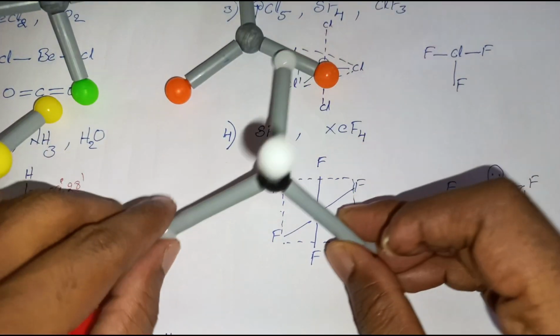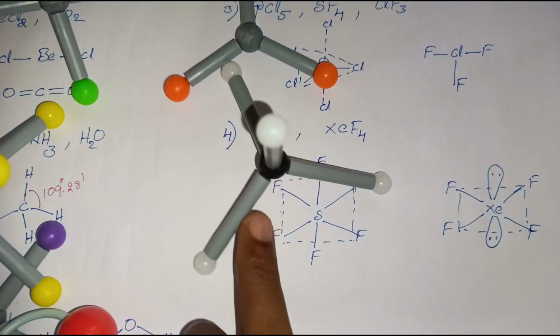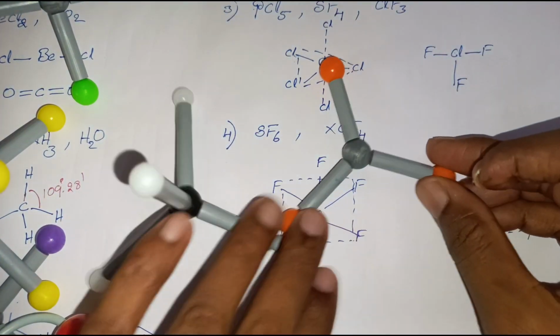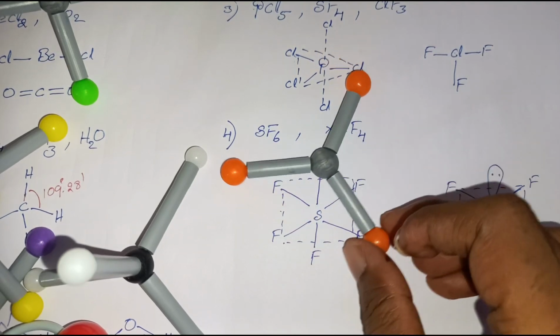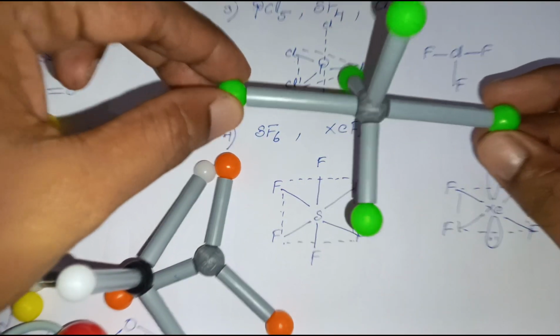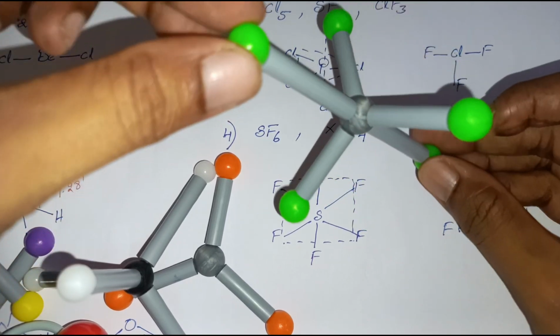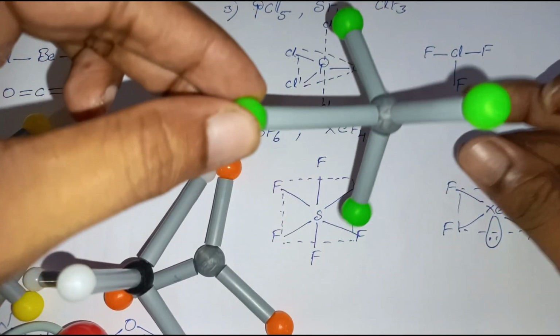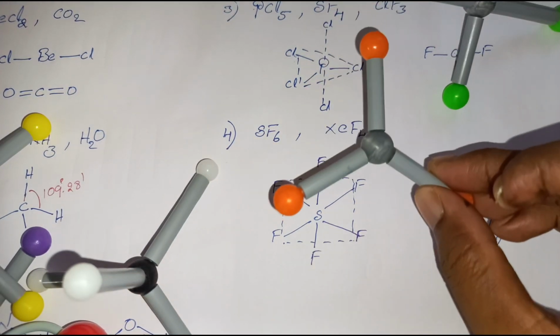And this one is methane, a tetrahedral arrangement. This is BF3, a trigonal planar arrangement. And this one is the PCl5 molecule. What is the shape of PCl5? Trigonal bipyramidal.